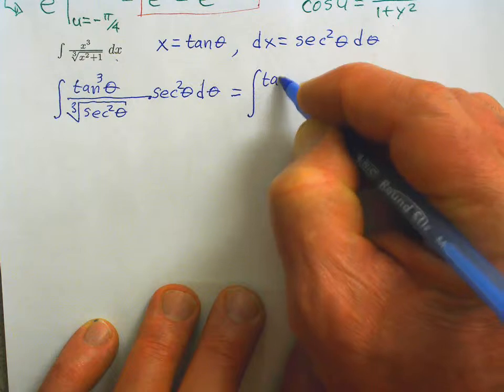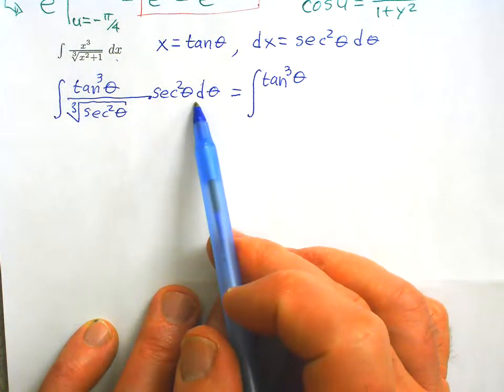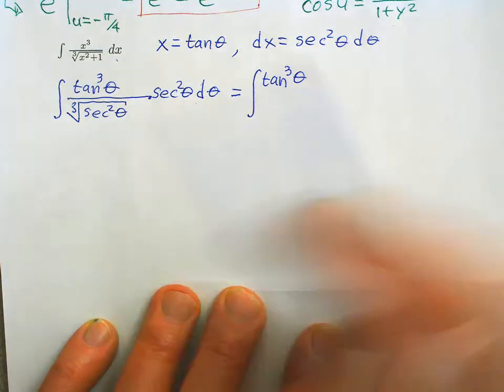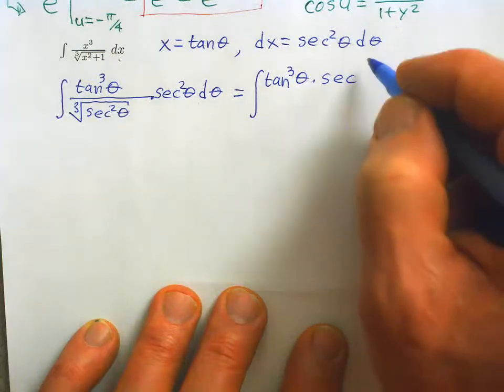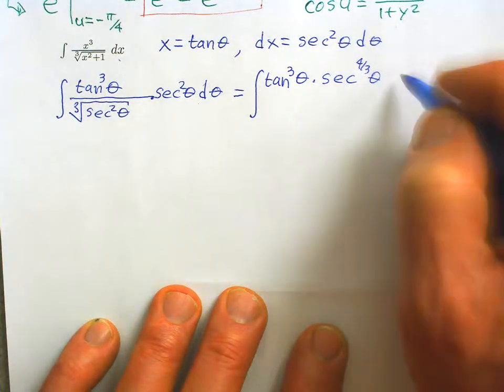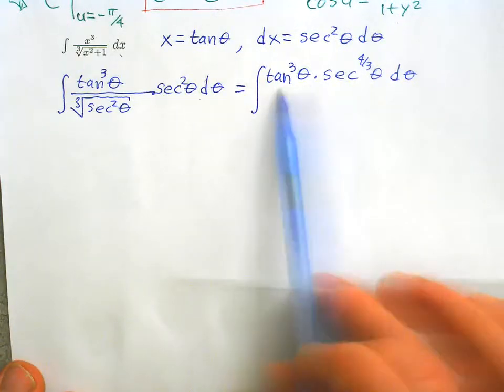So when we simplify secant of theta to the 6/3 divided by secant of theta to the 2/3, we're just going to get secant of theta to the 4/3 power, just using properties of exponents.